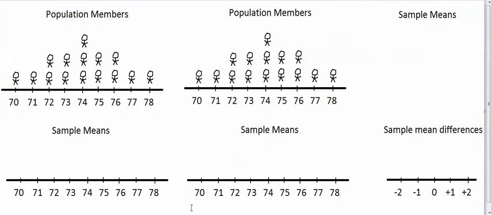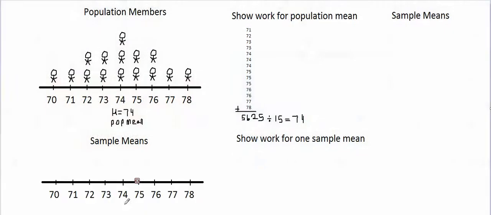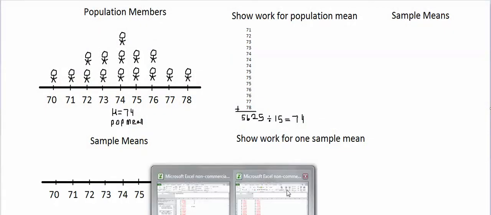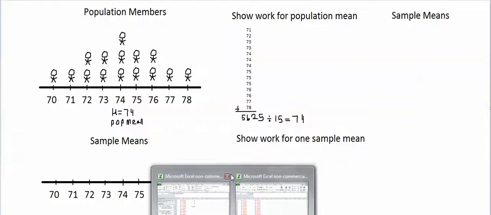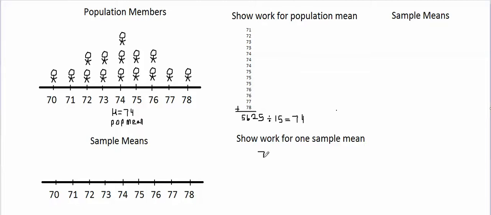Now I said I want you to show work for your first sample mean. So this would be 70 plus, my values were 71, 70, 73. That was my first sample. So 70 plus 71 plus 73. Just add them.